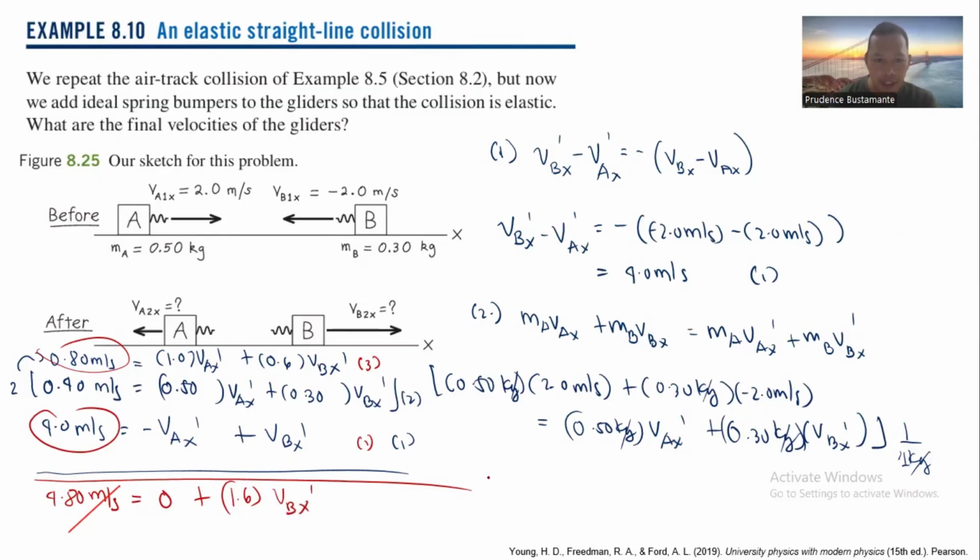Therefore we can find that VBX prime is equal to, dividing both sides by 1.6, 4.80 meters per second over 1.6.